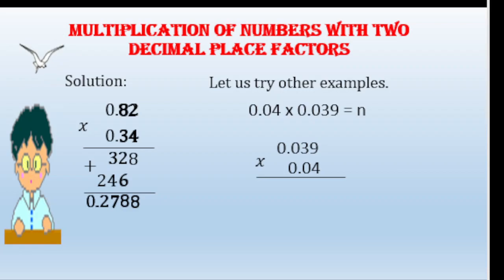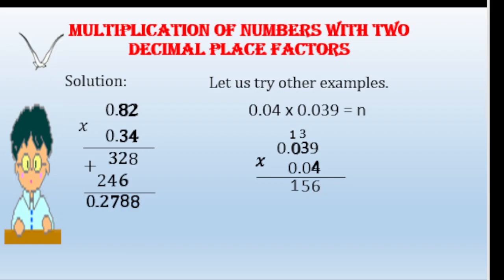So you have 4 times 9 is equals to 36, and then carry 3. 4 times 3 is 12, plus 3 is 15, carry 1, and then 4 times 0 is 0, plus 1 is 1.